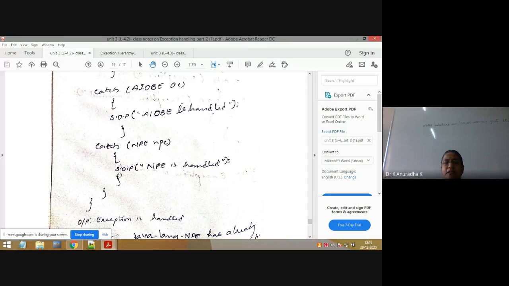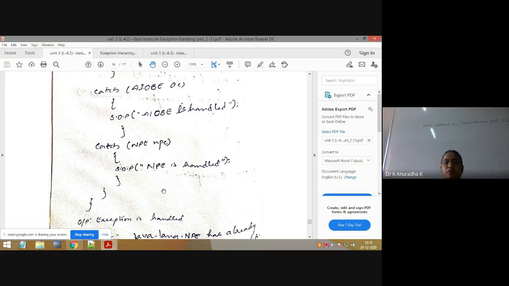If it does not find any matching catch block, then it will execute the catch block with Exception, because Exception is the superclass and can handle any type of exception. That's why always write the catch block with Exception at the end only.